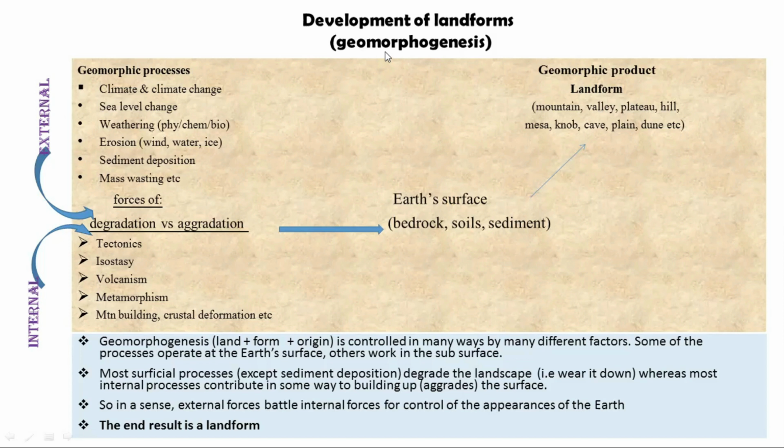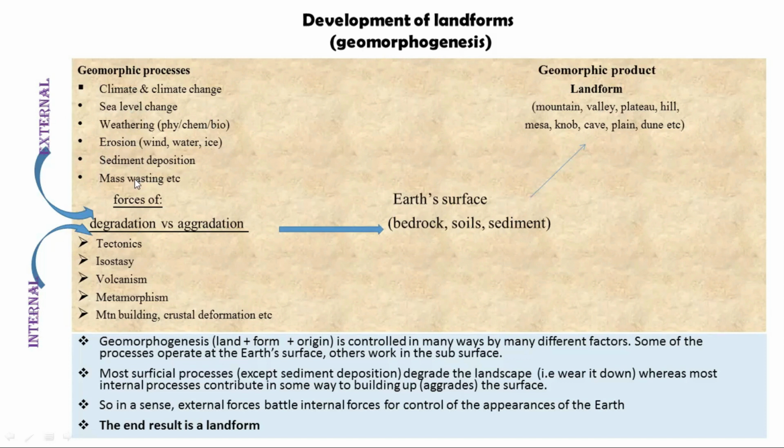Now geomorphogenesis, or the development of landform, is dependent upon various factors, and these factors can be divided into external and internal factors. External factors operate on the Earth's surface, and internal factors operate within the Earth's surface or in the subsurface region. So what are the external forces?